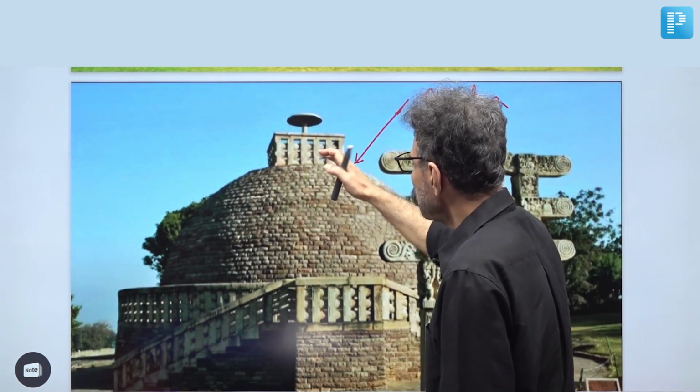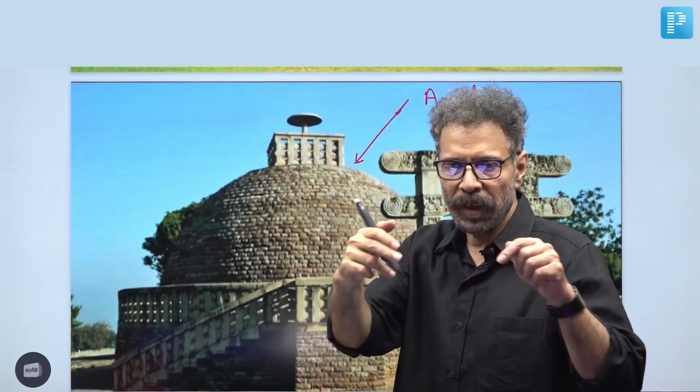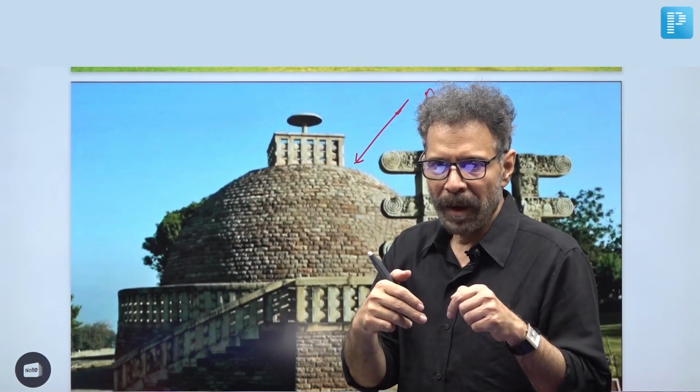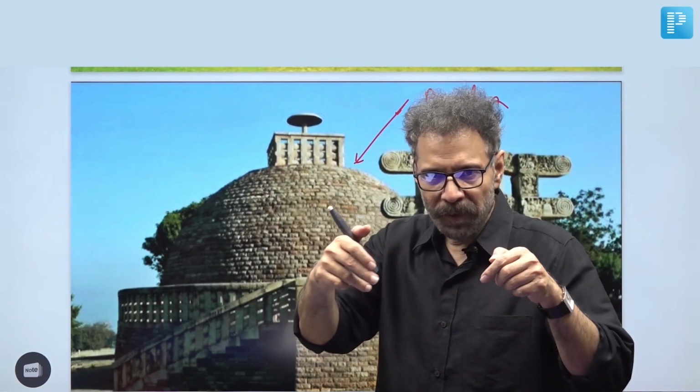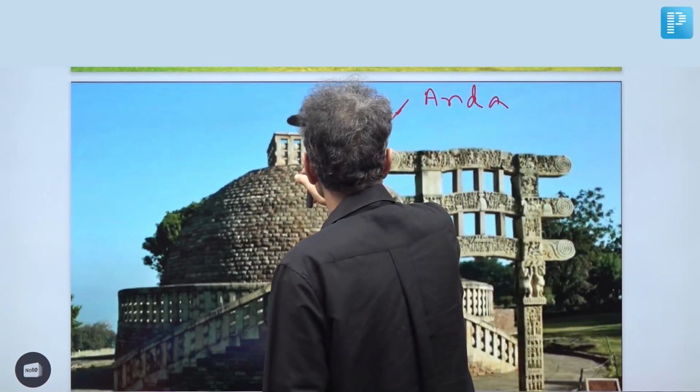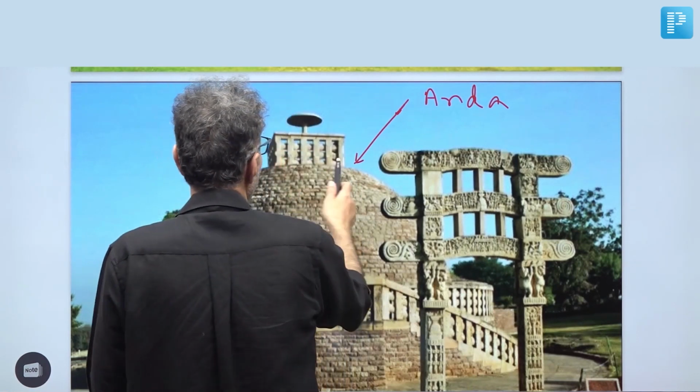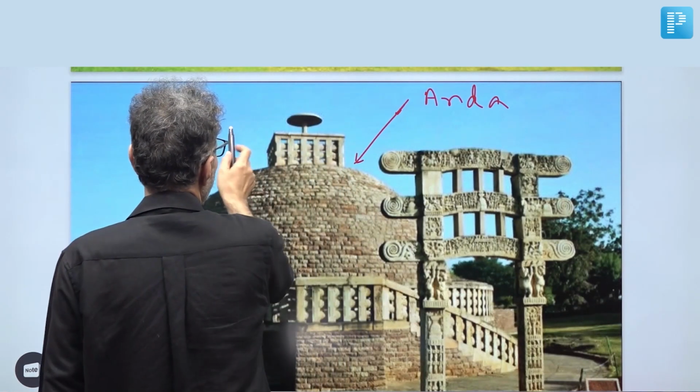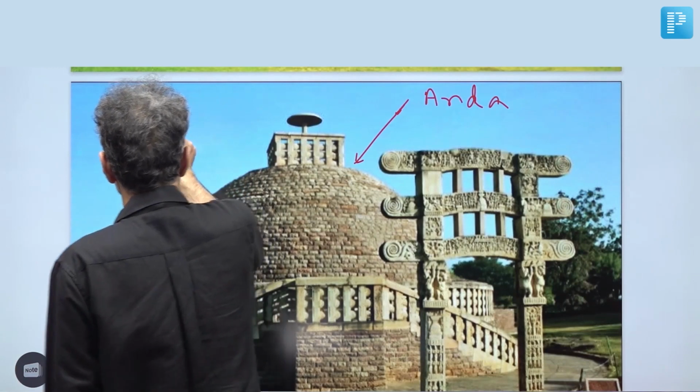This is a structure which is not visible. Inside there is a platform kind of a structure. And all around the platform, this is a railing. This railing is known as Vedika. And the platform structure inside is known as Harmika.